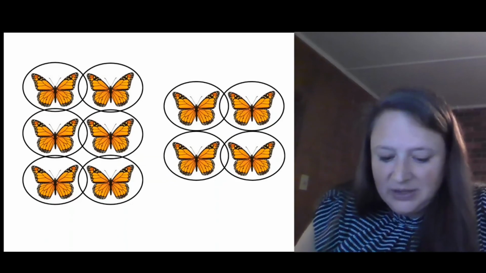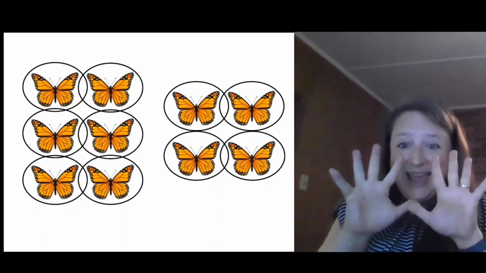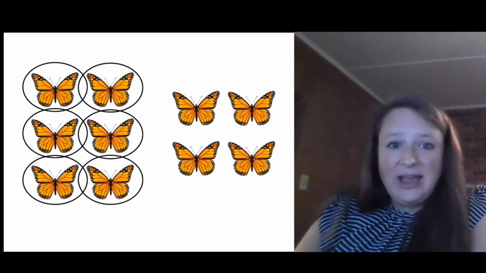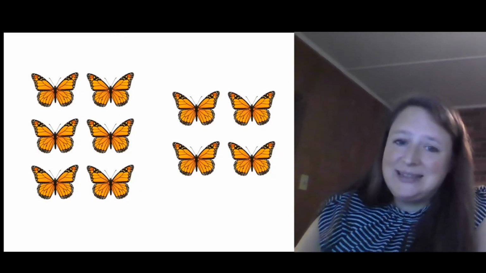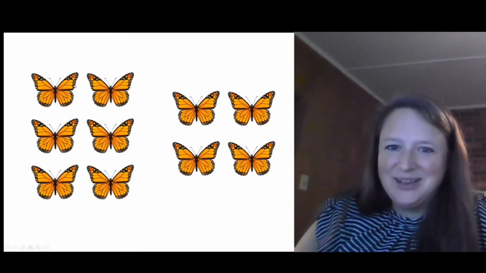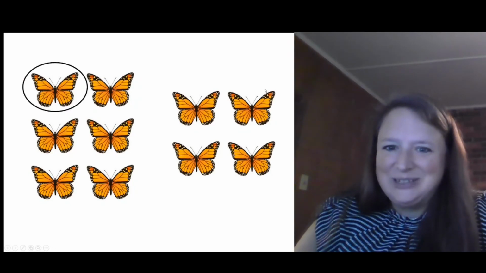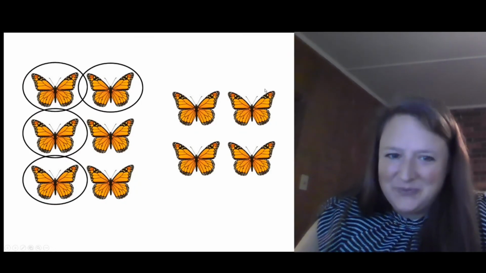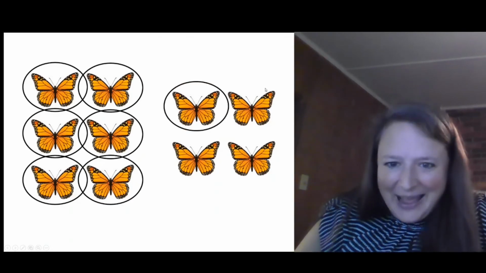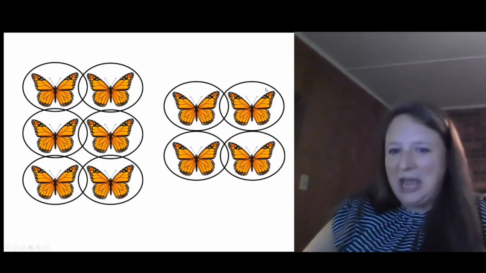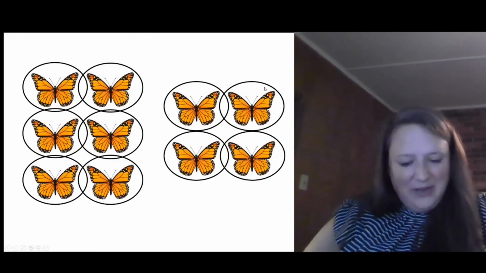How many bugs flitting about? 10. That's right. So let's check and make sure that's 10. Are you ready to count with me? Great. Count extra loud. Here we go. 1, 2, 3, 4, 5, 6, 7, 8, 9, 10 butterflies. That is so awesome.